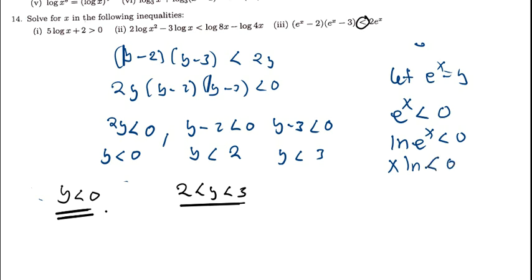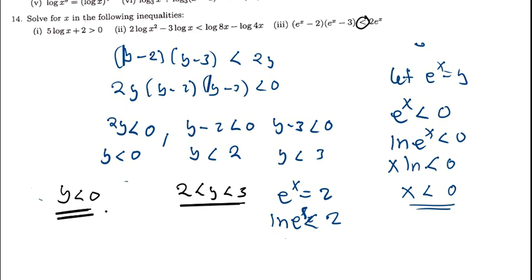So my x will be less than 0 still. That's the first one. Another one, it will be e raised to the power x is equal to 2. Then we'll introduce ln, or it's going to be less than 2 in this case.